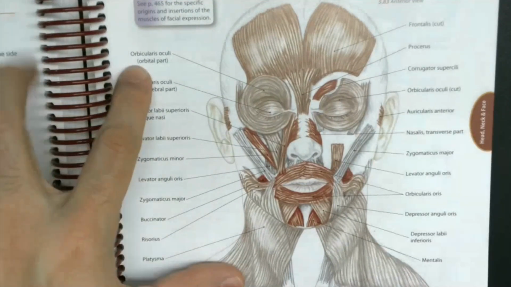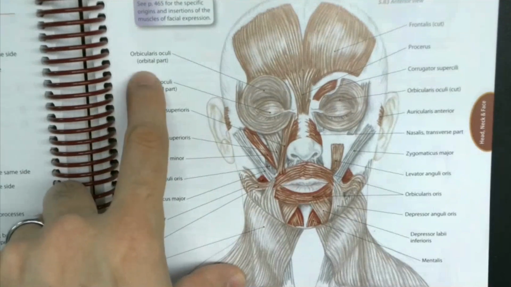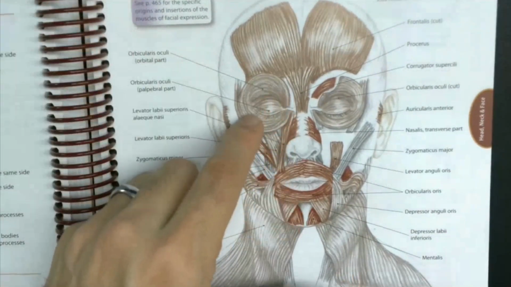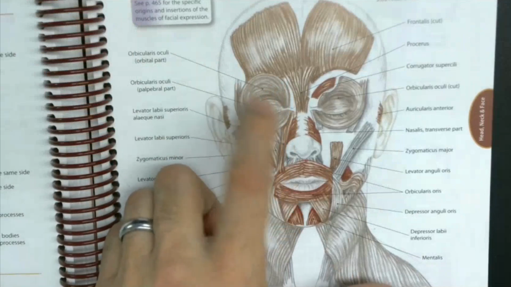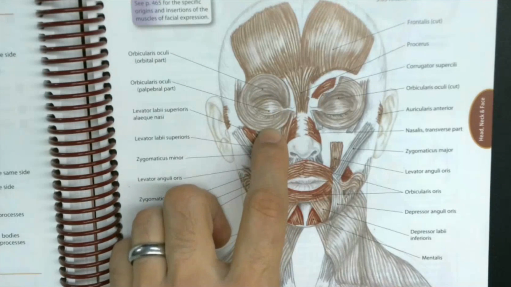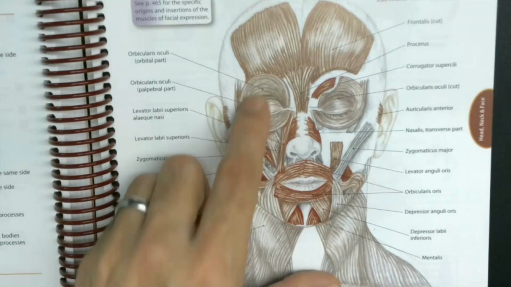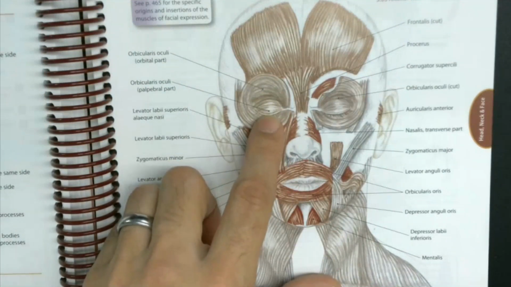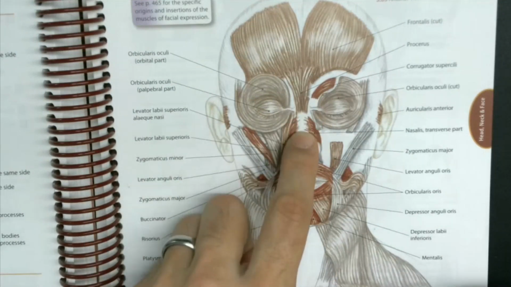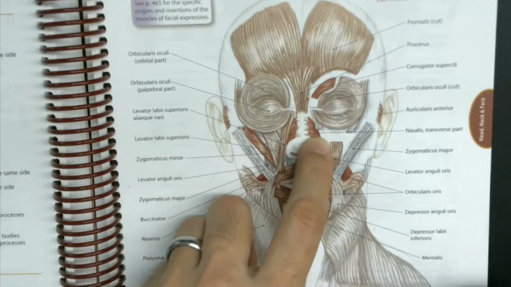So some of our main ones is orbicularis oculi, which is orbicularis, like orbit, circular, right? Oculi, circular ring of muscle around the orbit or eye socket. What this does is it's going to squinch your eyes shut. Then we have the nasalis muscles right here.